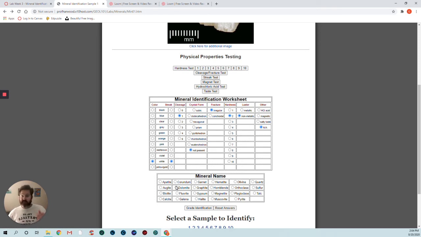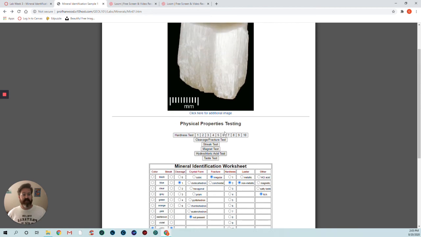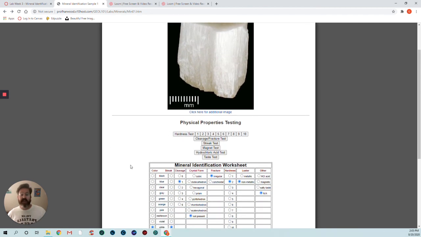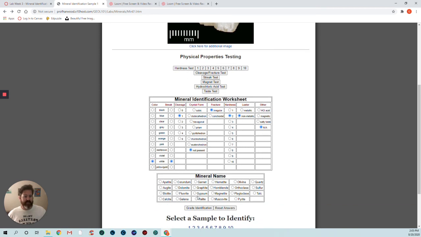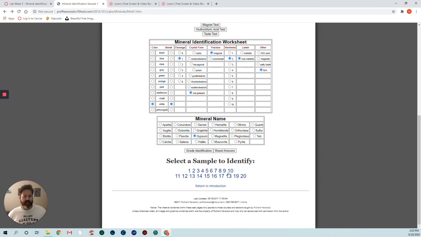So with 1 cleavage plane, I'm thinking it could be a phyllosilicate, but the only silicate that looks like this that has that softness is talc, and talc has a hardness of 1. This has a hardness of 2, so it can't be talc. The only thing that I know that has a hardness of 2 is gypsum. So that's what I'm going to guess, gypsum, and let's go ahead and check. Congratulations, the physical properties and mineral were correctly identified. So that tells us that we got it right.